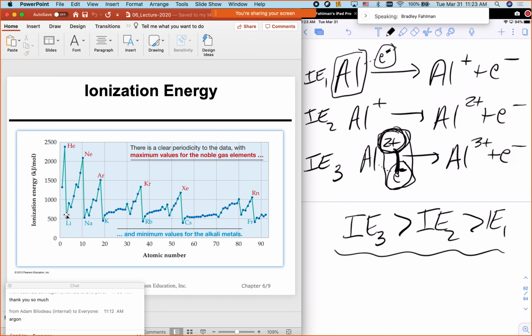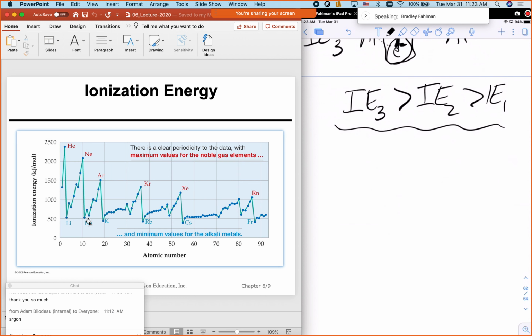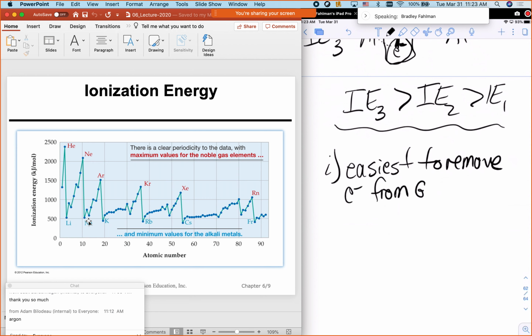And so you'll notice that the lowest energy is for the group 1s. So this is saying that it is easiest to remove an electron from the group 1.